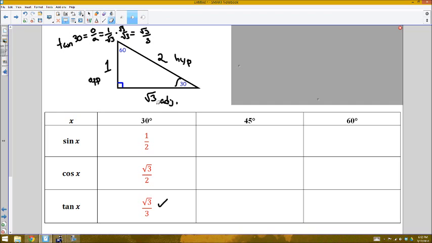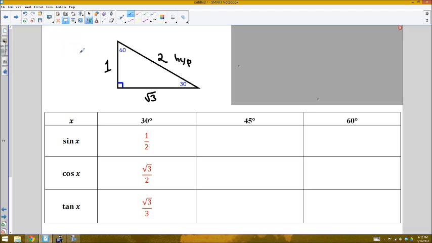Since this triangle also has the 60-degree angle in it, let's rethink this in terms of the 60-degree angle as my reference. When I'm looking at 60, the side opposite the 60 is the rad 3, and the side adjacent to the 60 is the 1.